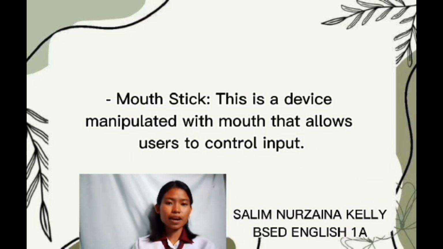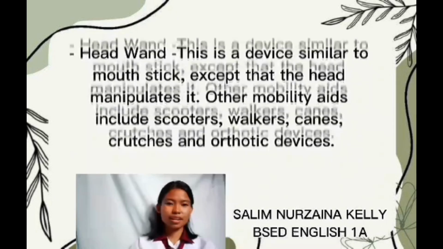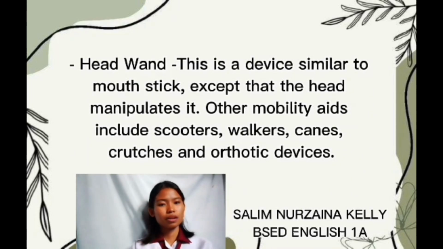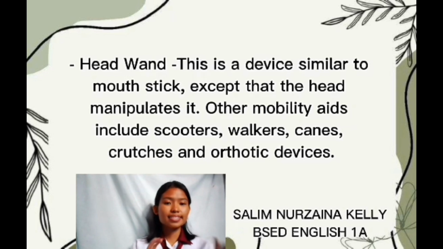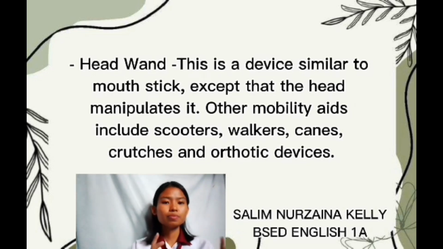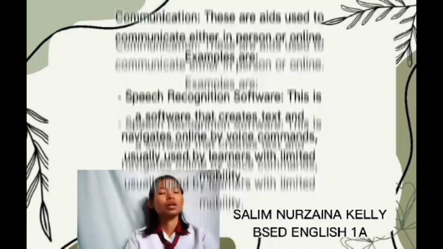This is a device manipulated with the mouth that allows users to control input. Second is the head wand. This is a device similar to the mouth stick, except that the head manipulates it. Other mobility aids include scooters, walkers, canes, crutches, and orthotic devices.